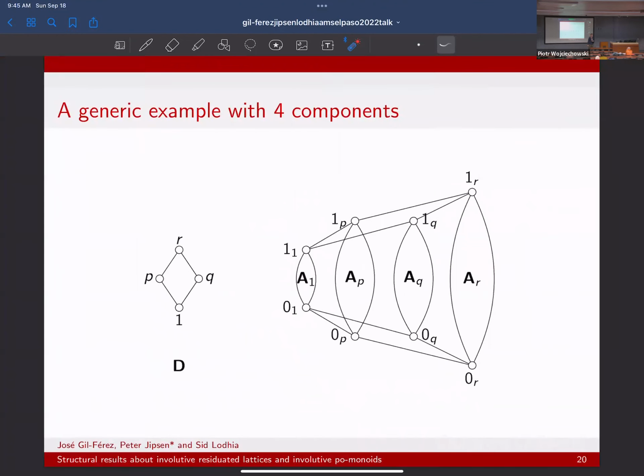There, for example, is a generic construction of one of these non-integral algebras. We have an index set, which is itself a join semilattice called D, because it turns out to, in many cases, be a distributive lattice. And then we have the components. These are integral components in this picture. I have 4 components.